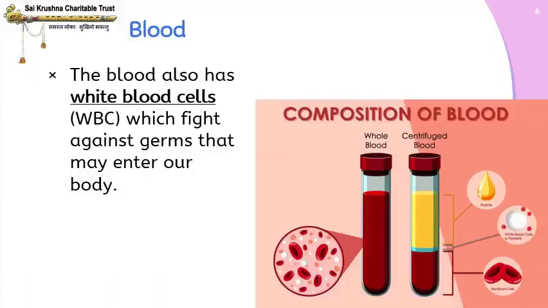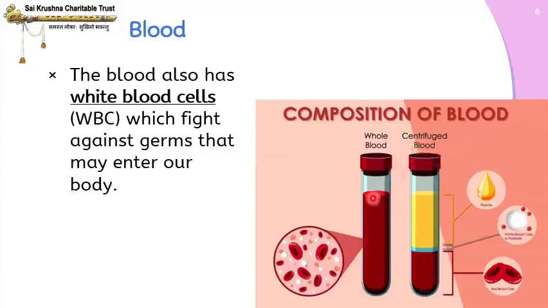So we learnt about plasma and red blood cells in our previous slides. Now let us see what white blood cells do. The blood also has white blood cells, also called WBC, which fight against germs that may enter our body.